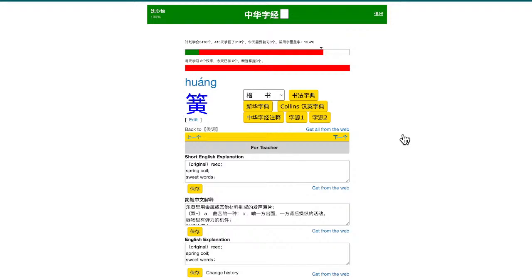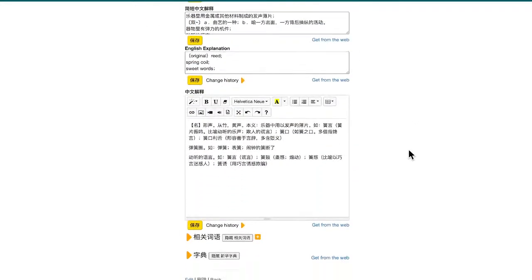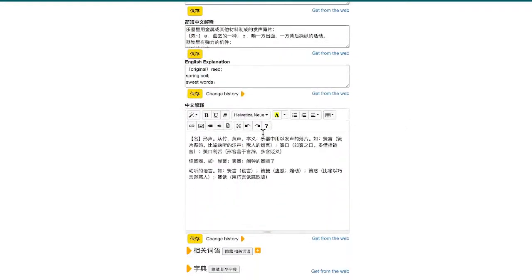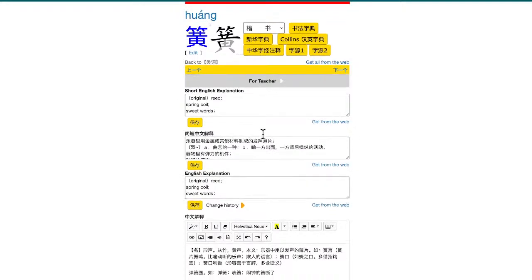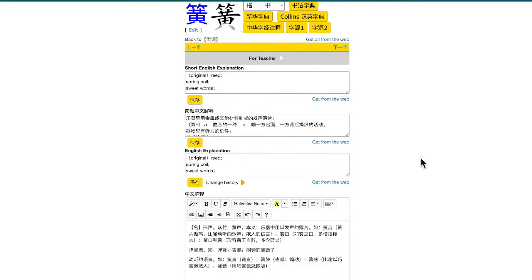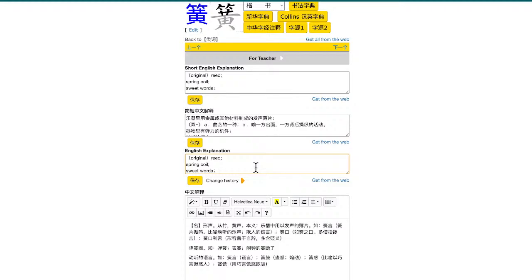Next one, 簧. Now 簧, the original meaning is reed. Okay, the reed in an instrument to make the sound, make a vibration. Also, it means spring coil. So the spring coil made out of metal is called 簧. And the third meaning is sweet words.